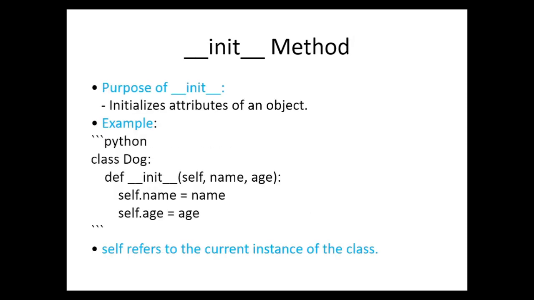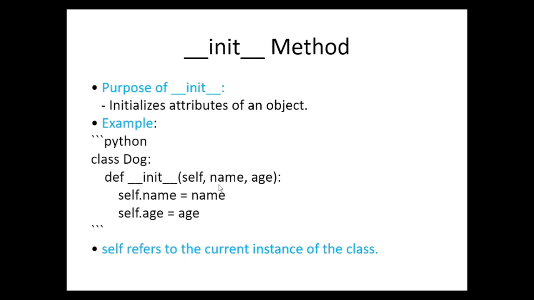Now, the init method. The init method is a special method in Python, and it is basically used to initialize the attributes of an object. Now let us see the example. Suppose we have taken a class named Dog, and we have used this init method. The init method contains three parameters.